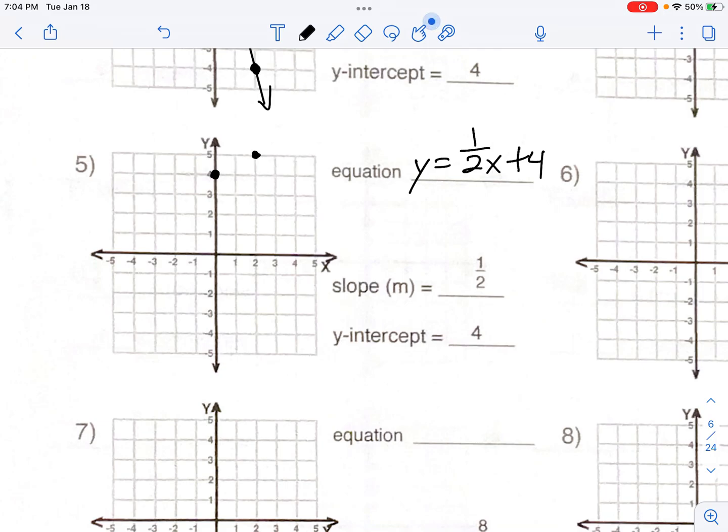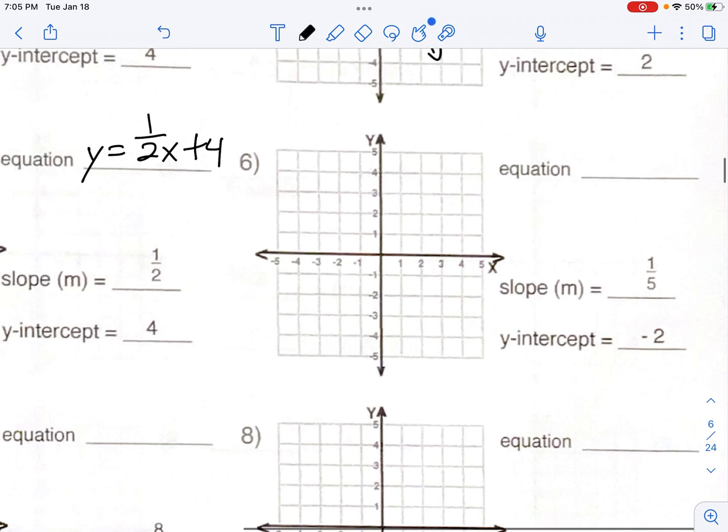But we need to go backwards to get the third dot. So go back to the middle, meaning the y-intercept, and we're going to go down 1, left 2. There's my 3 dots, and draw your line.